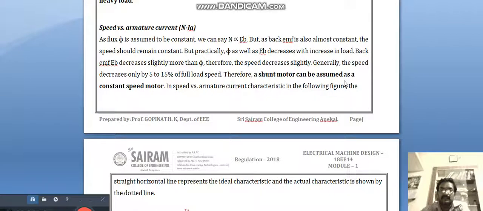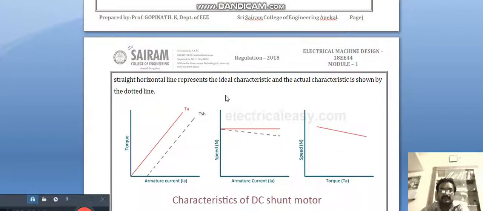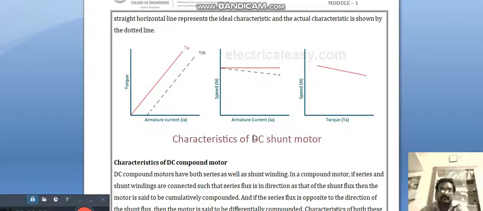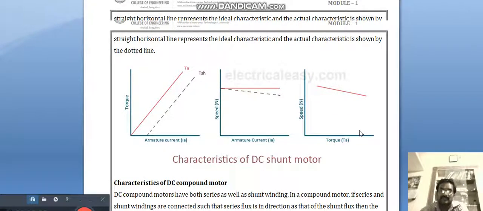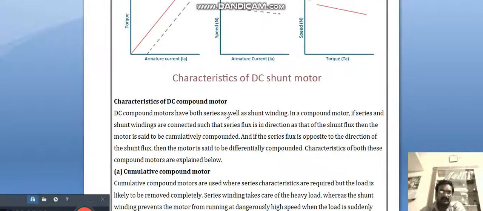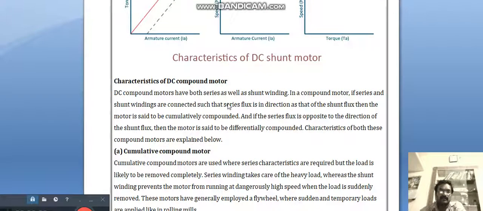Therefore, shunt motors can be assumed to be constant speed motors. The straight horizontal line represents the ideal characteristic and the actual characteristic is shown by the dotted line. Speed versus torque is just similar to speed versus armature current, so here also it is more or less constant.